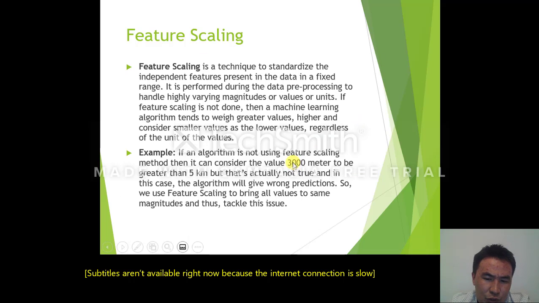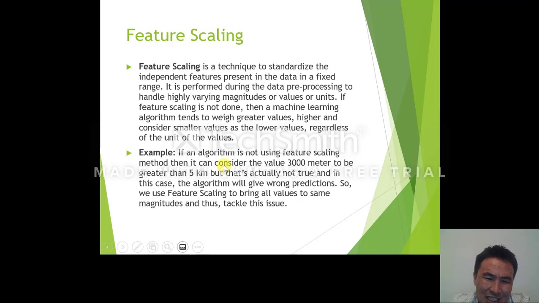If one is given as 3000 and the other in 5 kilometers, actually 5 kilometers is bigger than 3000, but it was given as only 5. It should be normalized. Both of them should be on one standard, one level, so that they can be compared.